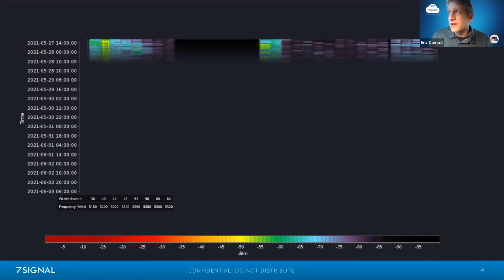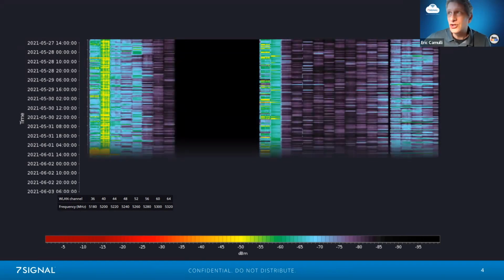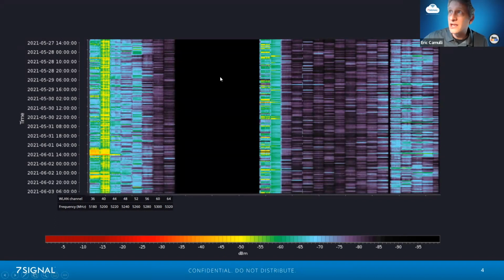And here is the chart where we're waterfalling from the beginning of the week to the end of the week. If we look here at channel 40, you can see a lot of energy on it. It's a fairly used channel, if you will. In this spectrum, which is at our office, there are a lot of channels in use.